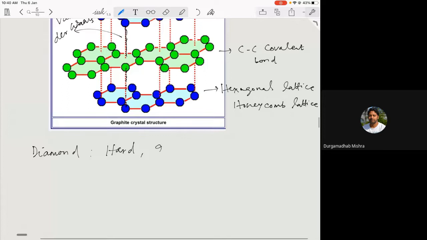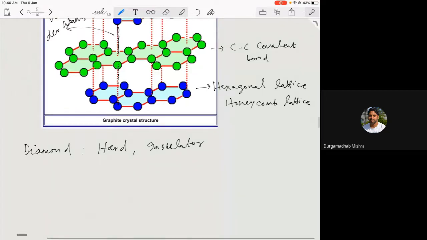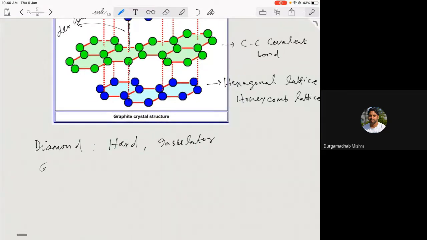It is an insulator, although it has a good thermal conductivity, but graphite, on the other hand, is brittle and also conducting. So the same carbon atom you have, but depending on how they are arranged, depending on the crystal structure, the properties are very different.